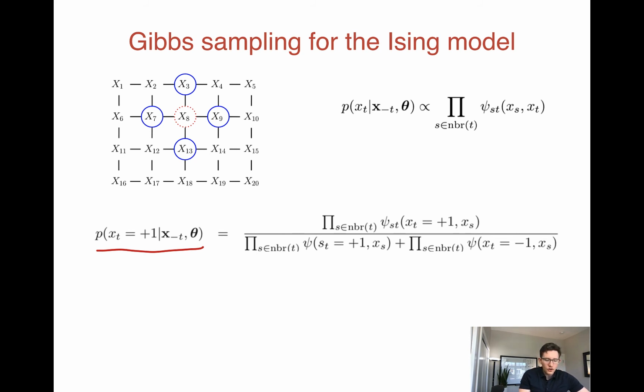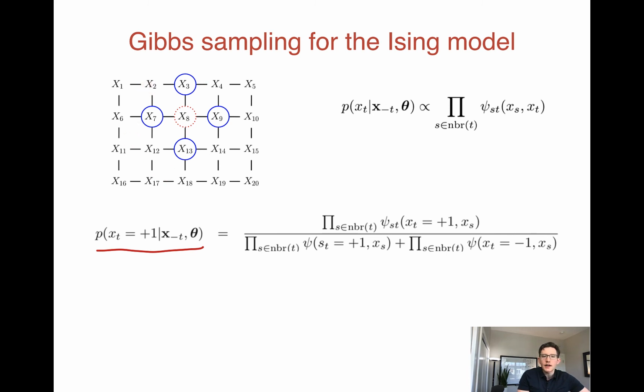Now again, to do this expression, we need to figure out which variables xt is d-separated from. It's not too hard to see that the Markov blanket, that is the subset of variables such that if we condition on those variables, our variable is d-separated from everything else.